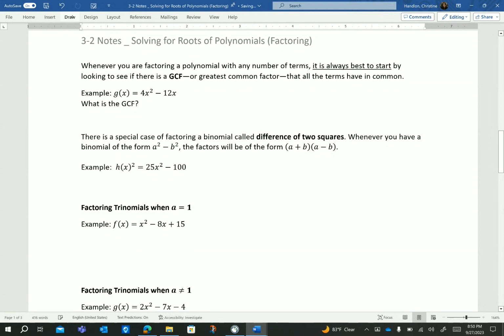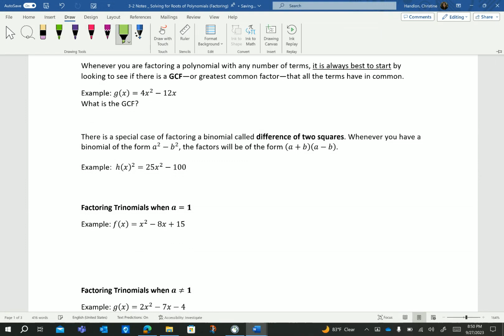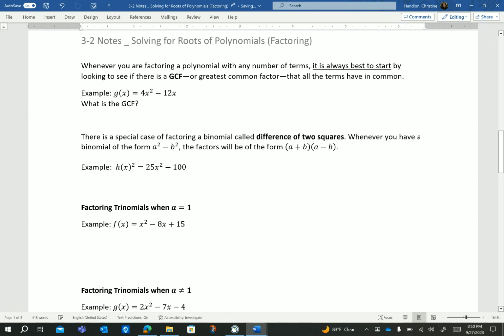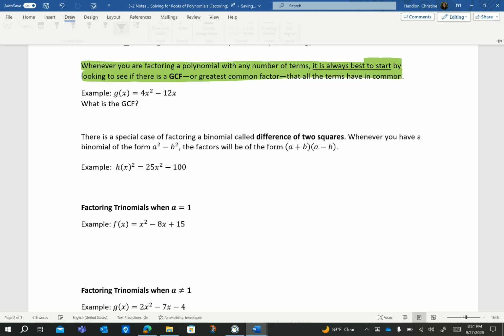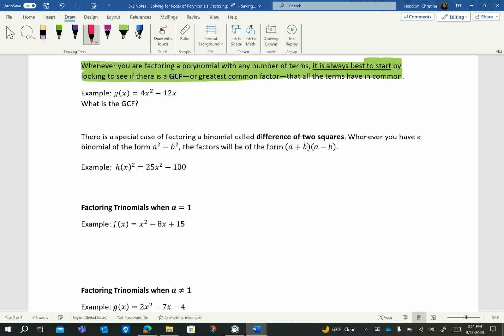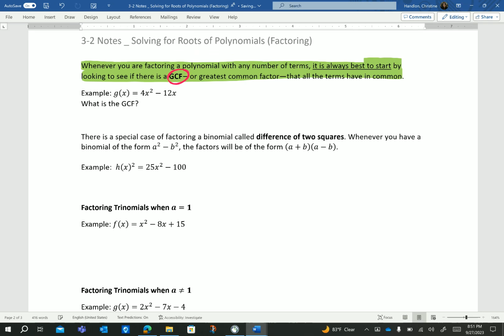Now, one thing that I want to make sure you pay close attention to, because this is so important, especially when you're factoring in your Delta Math homework: whenever you are required to factor any number of terms, the first thing you do is find the greatest common factor. That's the first thing you'll always do. Before anything, please find the greatest common factor. Do that first before diving into anything.